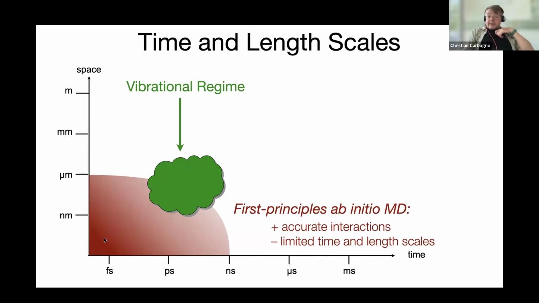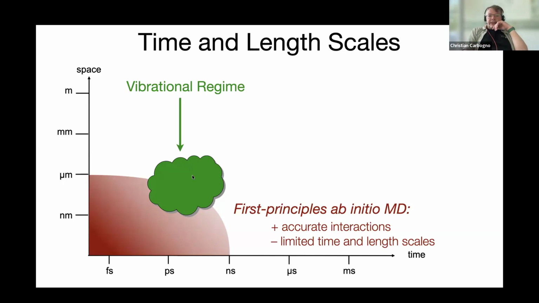And you cannot do that in a small system like the unit cell, because we have seen these kinds of effects expand well beyond the unit cell. You have to do that in much larger cells, which would make the calculations even more expensive.